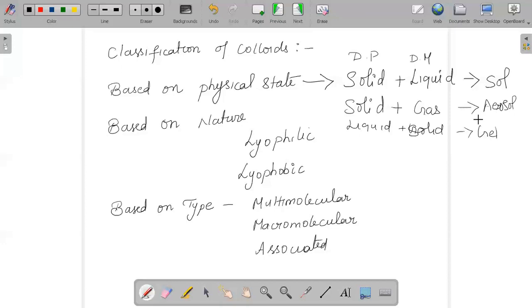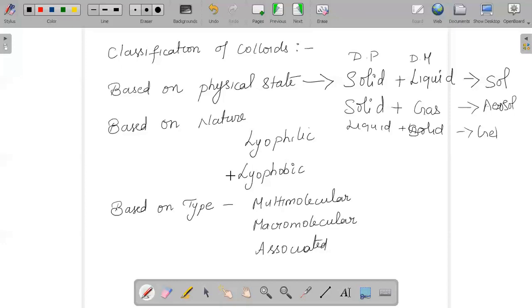So it is very important that you know the different names of the colloid for each dispersed phase and dispersion medium combination. When we talk about the classification of colloids based on nature, we say it is of two types: lyophilic and lyophobic. Lyophilic, in general meaning, is liquid loving.